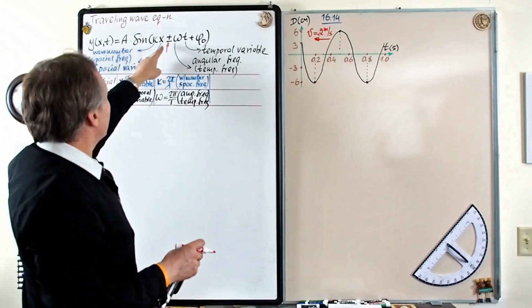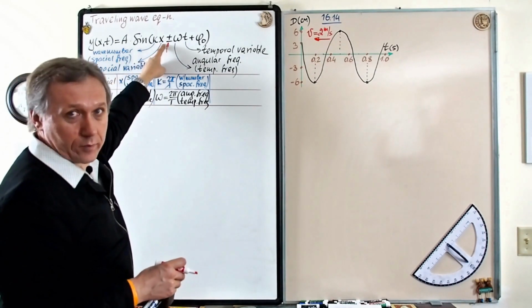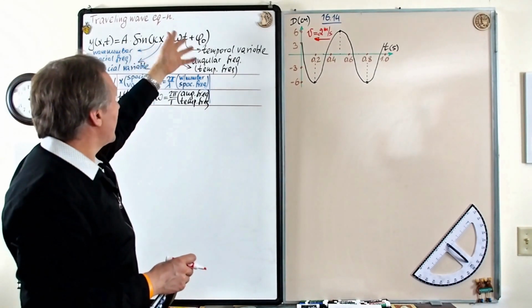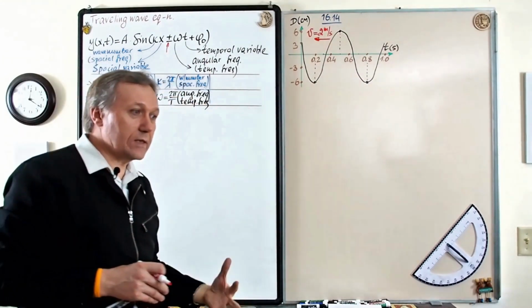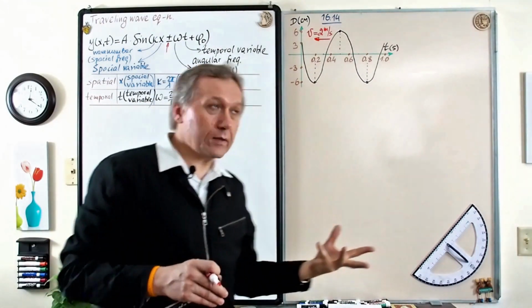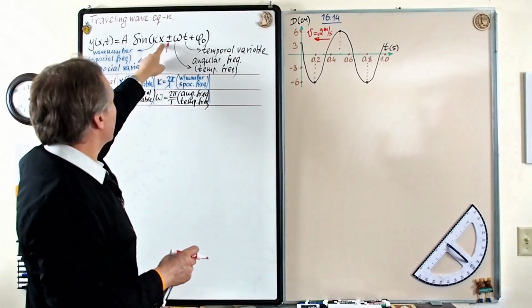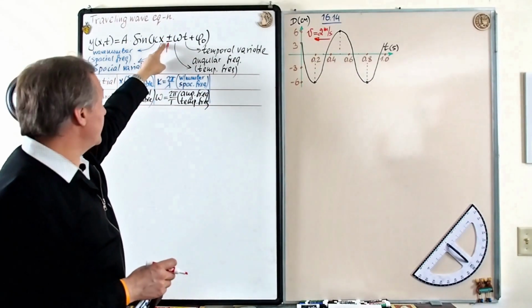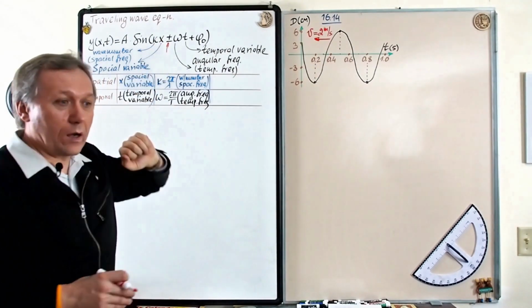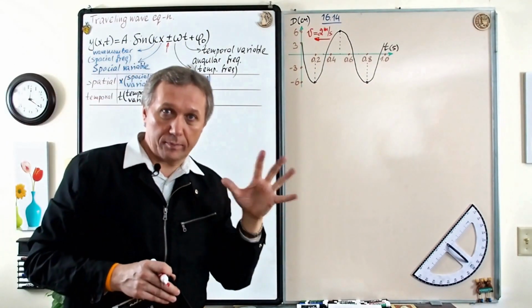Then if we had here z, for example, kz minus omega t, it would mean that wave would propagate in the positive z direction. So whatever variable you have here, it just tells us that along that axis, our wave propagates.